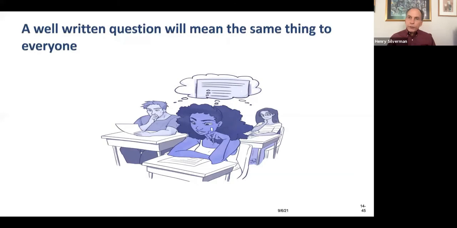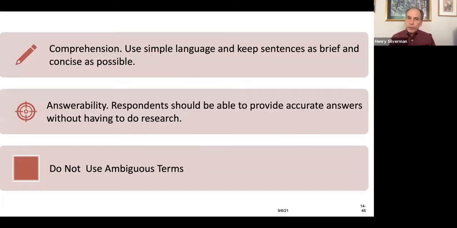So you have to know your target audience. You have to know their extent of intelligence, and you have to make sure it means the same thing to everyone. And this is very important when you develop questions.